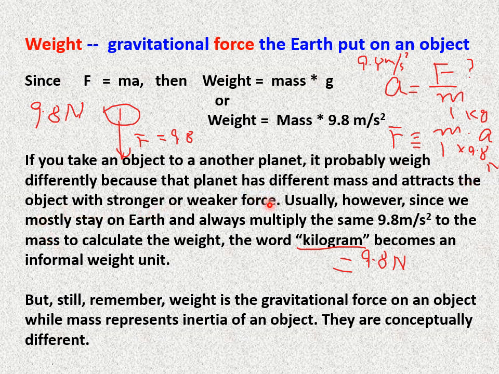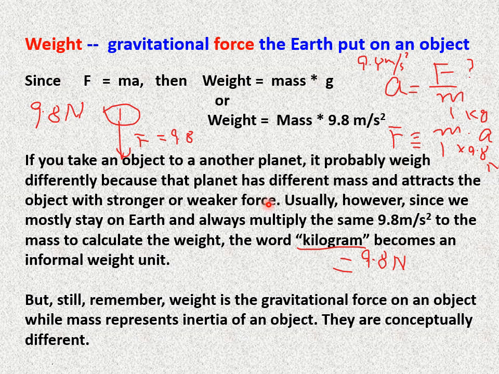As we will talk about later, the gravitational force depends on the mass of two objects. Therefore, it's between the mass in your hands and the mass of the planet, or the mass of the Earth. So if you go to another planet, like the Moon, Jupiter, or maybe Mars, the planet is a huge ball, but its mass is different from Earth.